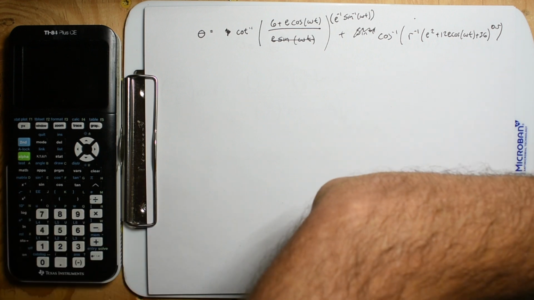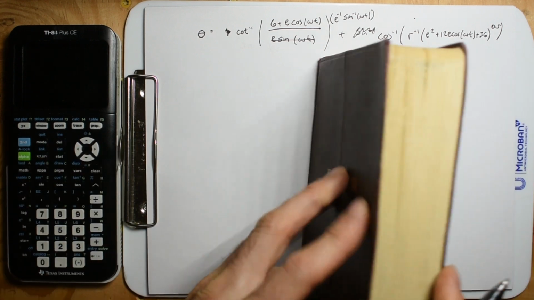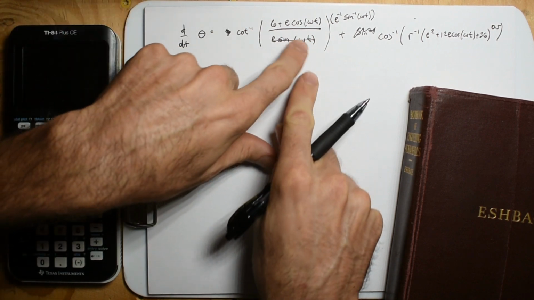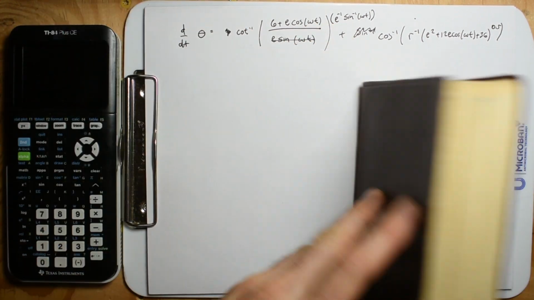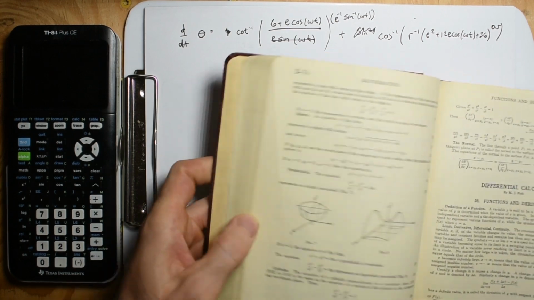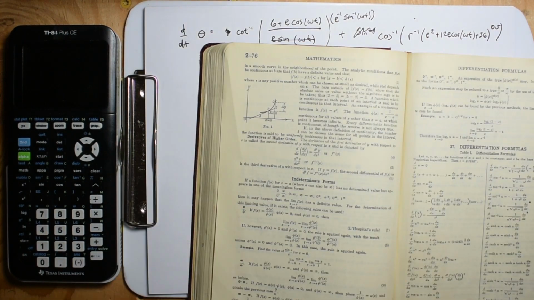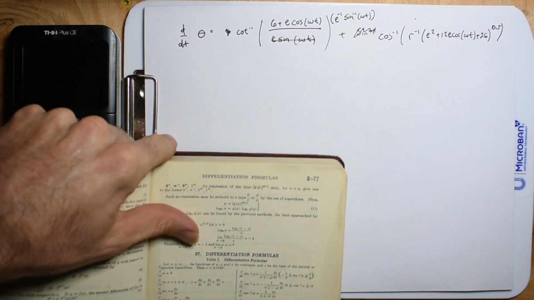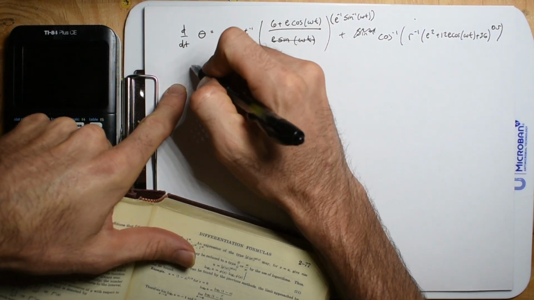Now if we're going to differentiate this with respect to time, we do have the time as a variable. But we have to figure out what the differential of cotangent is. I kind of know that one.